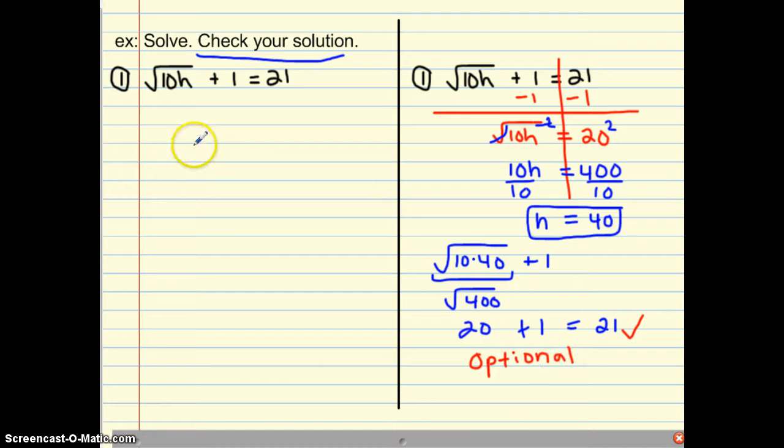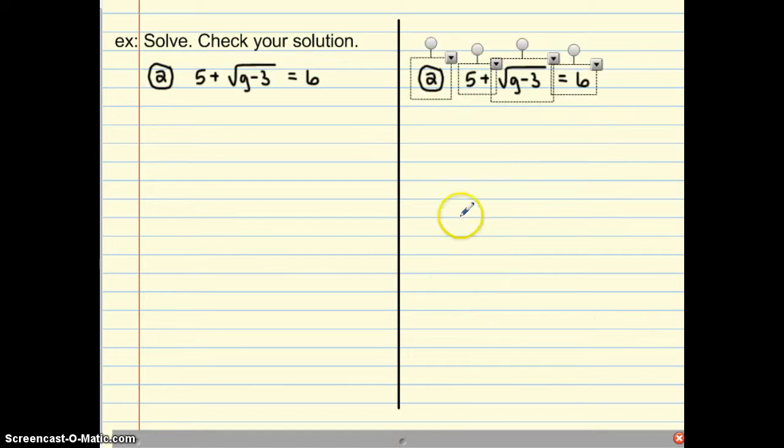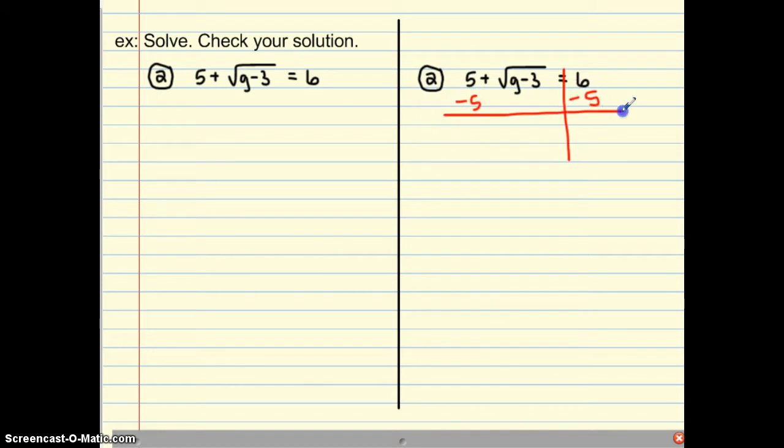All right, moving on. So here we go again. We're going to add 5 to both sides. Equals 1.